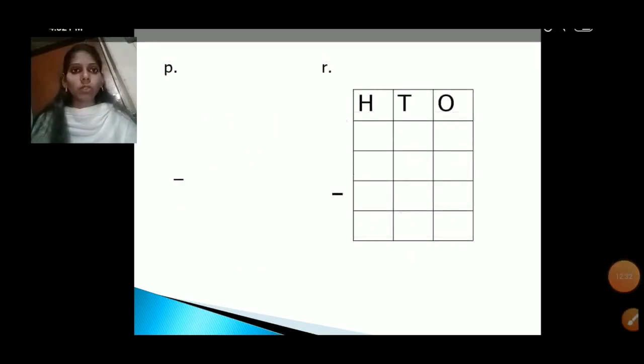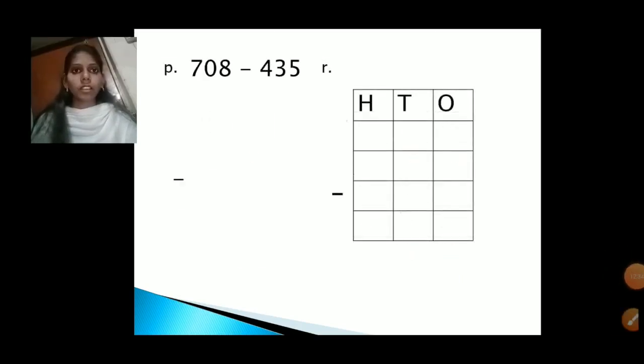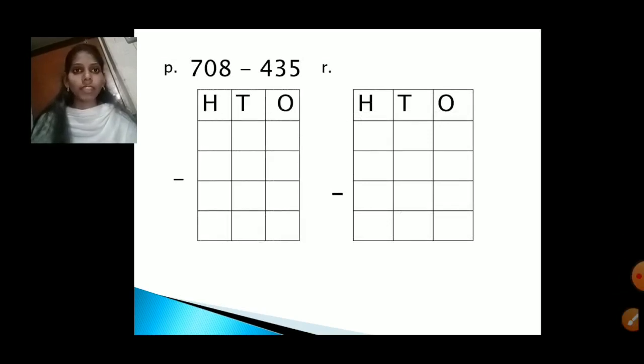Now we will solve P. 708 minus 435. So first we will place 8 at ones place, then 0 at tens place, and 7 at 100 place. So 708. Now we will place 435.